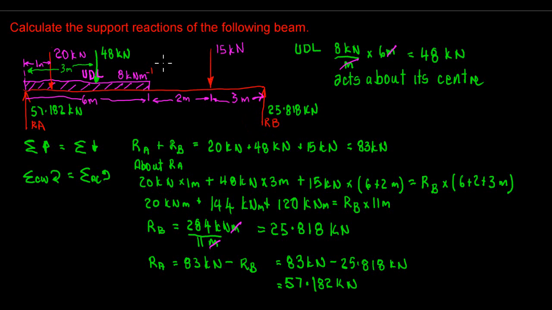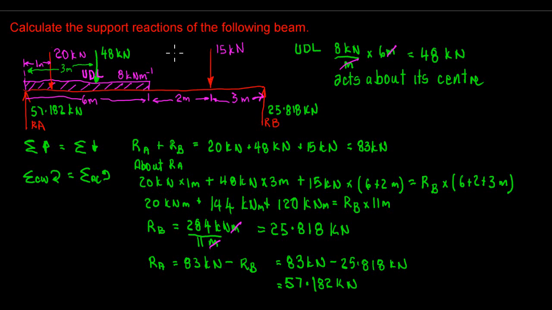So the first thing we have to do is look at the UDL. How we deal with the UDL is we work out the total force, which is obviously the length times the 8 kilonewtons per meter, 6 eights are 48, and that acts about the center of the uniform distributed load, which is 3 meters from A, it being 6 meters long.